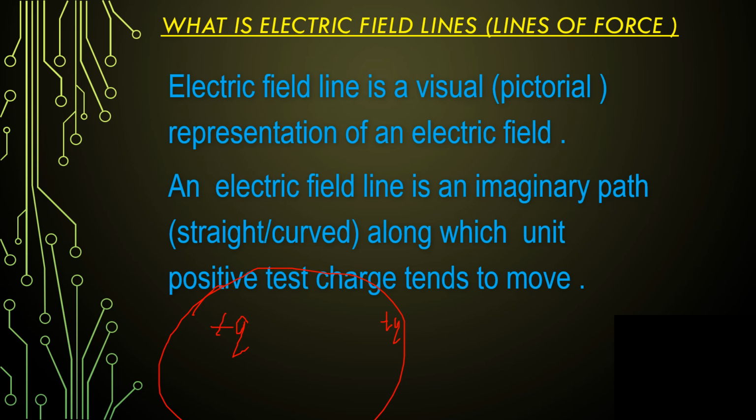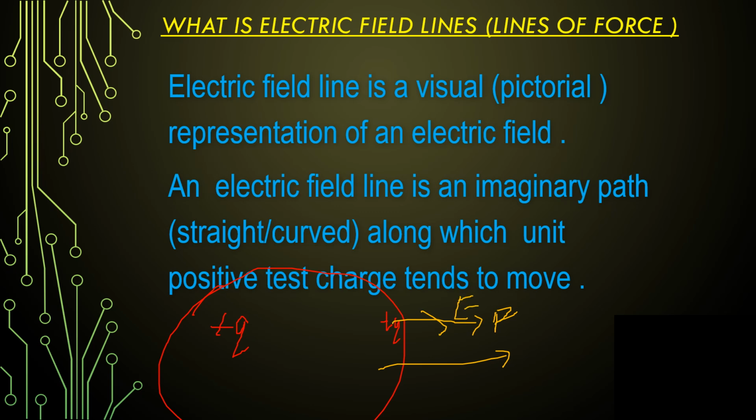This test charge experiences a force of repulsion because both are like charges, so it tends to move away from the source charge. Wherever you place the test charge, it experiences a force of repulsion. This is the direction along which the force acts, and we know that the electric field also acts along the same direction.